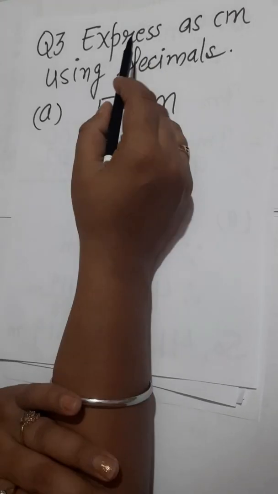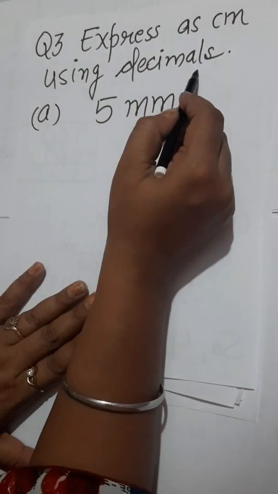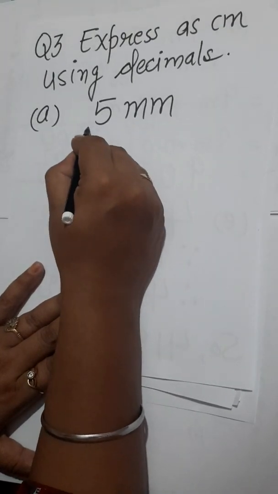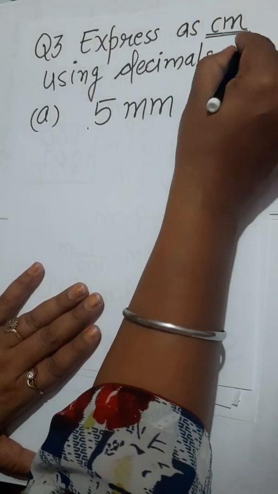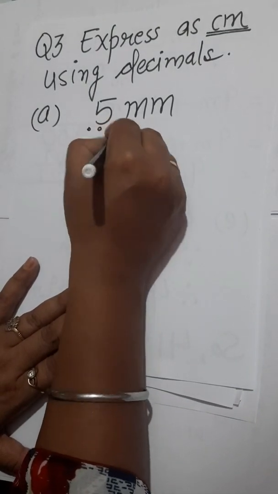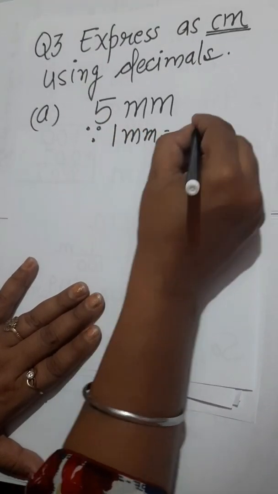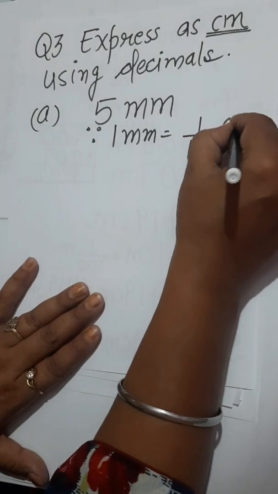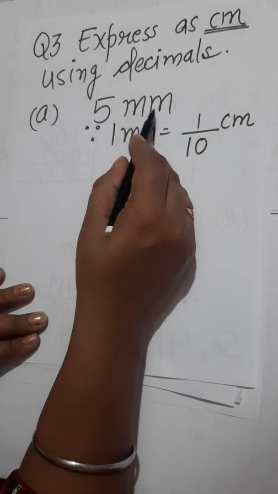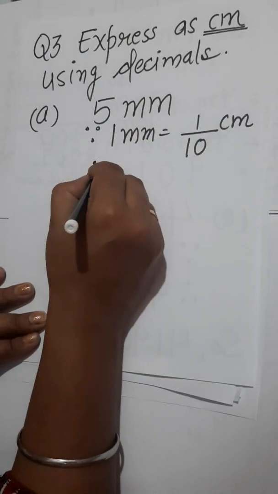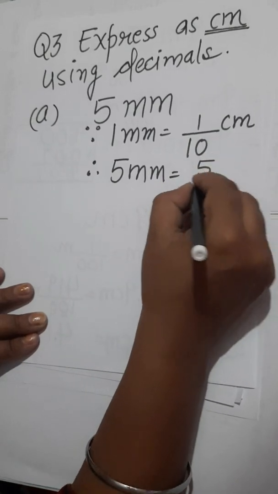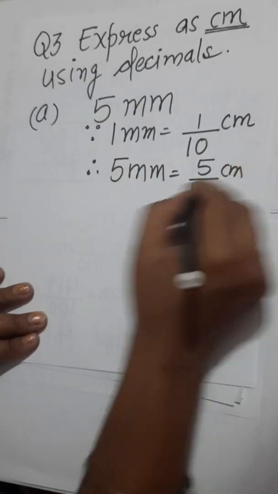Now the third question: express as centimeter using decimals, and here we have 5 millimeter. We have to express 5 millimeter as centimeter. Since 1 millimeter is equal to 1 upon 10 centimeter, whenever you have to express millimeter as centimeter, just divide the given number by 10. So I will write 5 upon 10 centimeter.